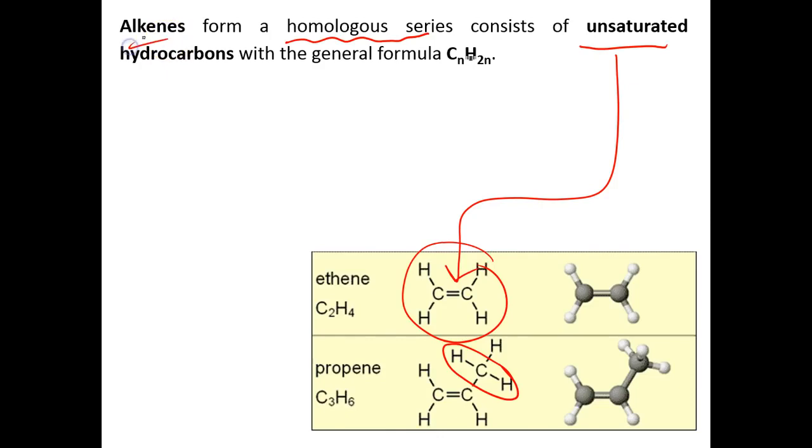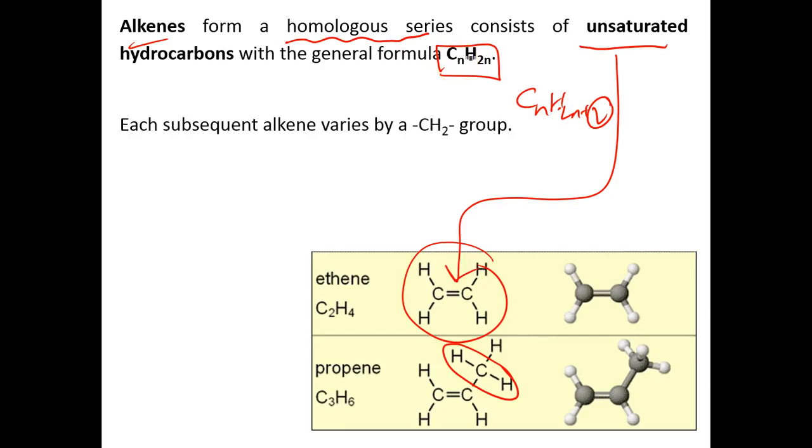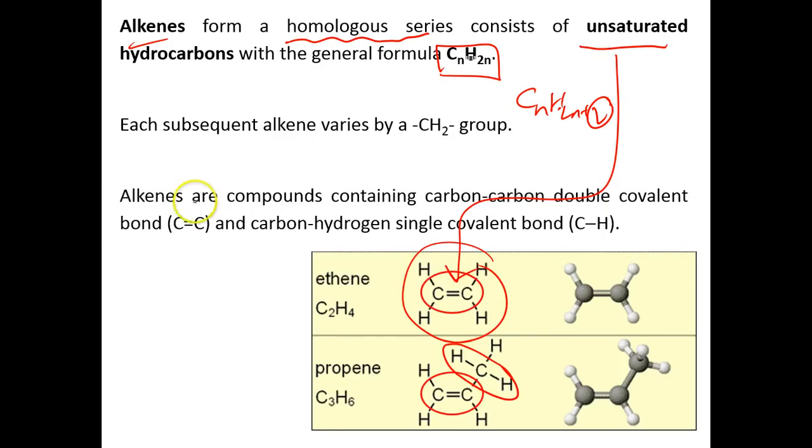Right, so alkanes have a general formula CnH2n+2. So this is alkanes. Alkenes is CnH2n. So like I said earlier, it varies by a CH2 and they have at least one carbon-carbon double bond. So what is the functional group of alkenes?